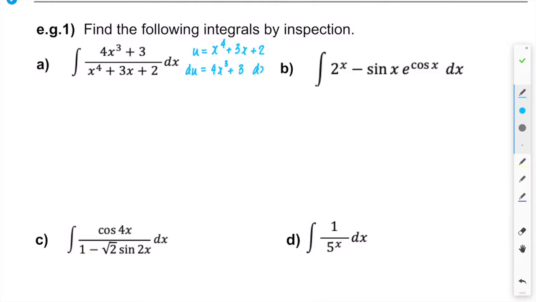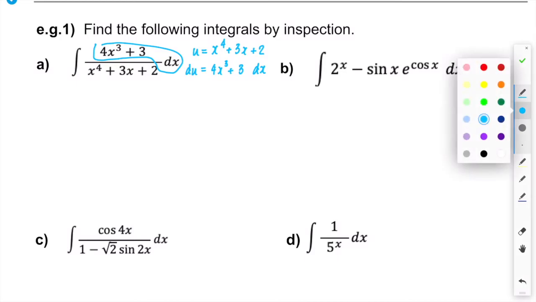Although the notation du by dx is not thought of as a quotient, it's beyond the scope of this course, so I'm not going to explain too much about it. But for the purpose of taking integrals, you can write your work in this particular form, because it should make it easier for you to match up with what is seen in your question.